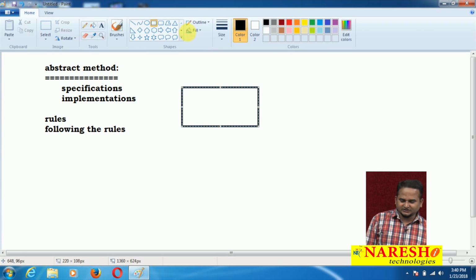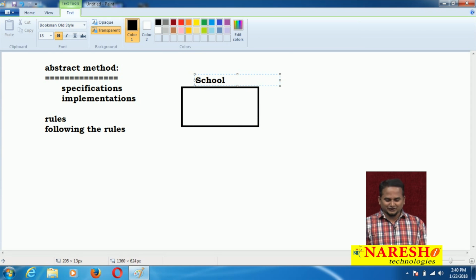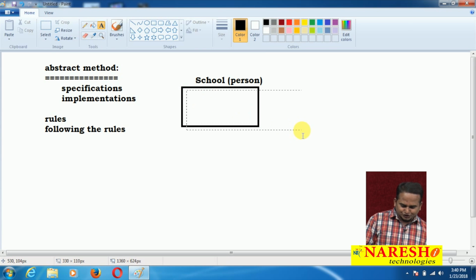For example, this is one school. Nowadays the best business is schooling only, maintained by one person. Now, this person always provides some rules to students.